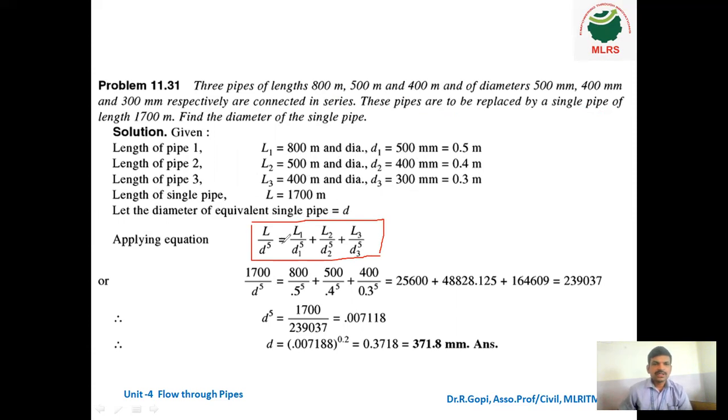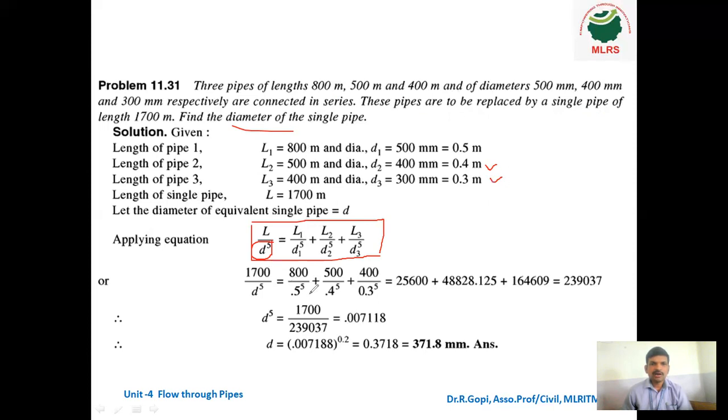This D is the unknown value, and they are asking us to find the diameter. Substitute all the values in terms of meter, which is convenient for us. Next, plus L2 is 500 meter and diameter 0.4 meter, and L3 is 400 meter and D3 is 0.3 meter.